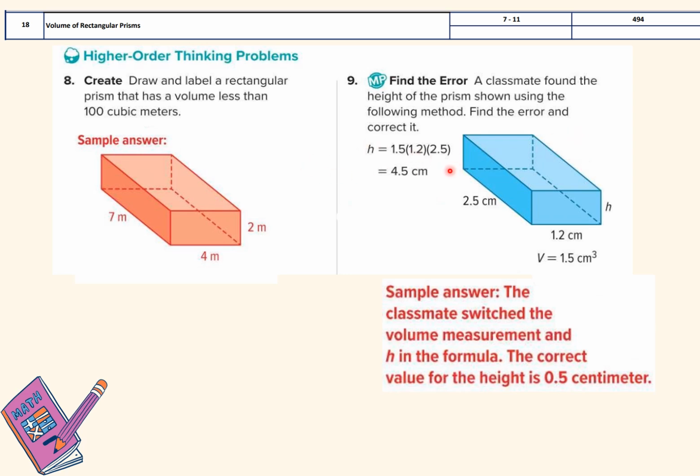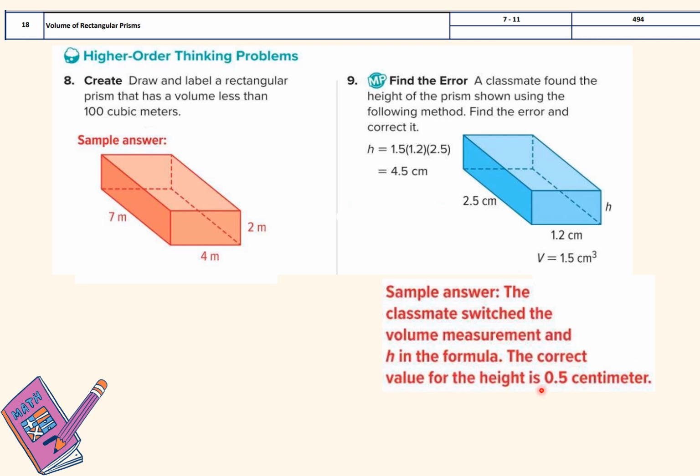So what the student did is multiplying the volume by the length and by the width, which is not correct, of course. We need to multiply the length and the width, but then we need to use that product in a different way. We need to divide 1.5 by the product of the length and the width. So the classmate switched the volume measurement and h in the formula.